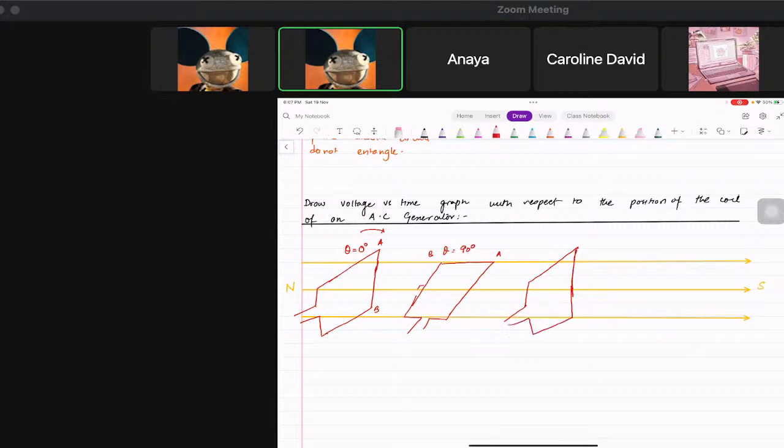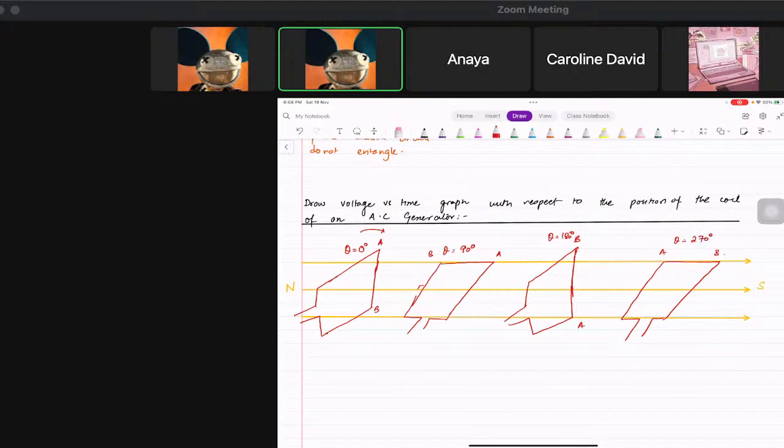Okay, I messed up. Anyway, this is B and this is A now. Again, the angle is 180 degrees. And now it's like this again, but this time it is A here and B here, and the angle is 270 degrees, something like that.